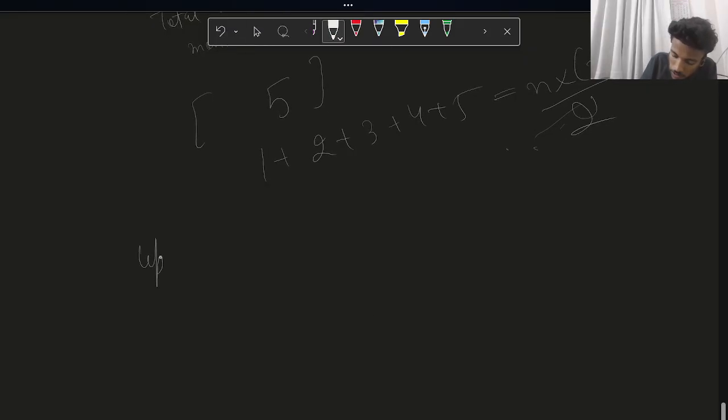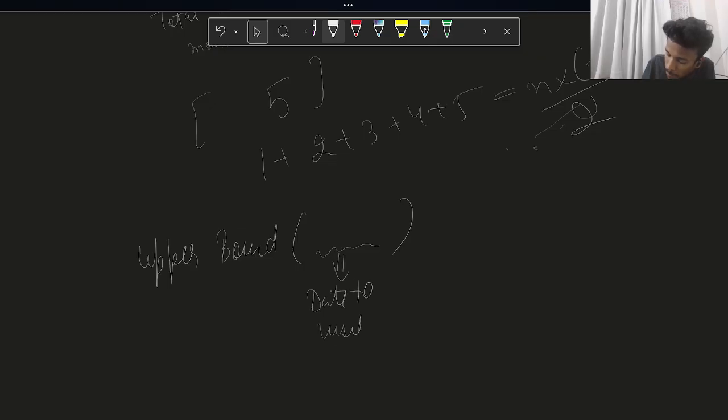We calculate the upper bound of the value. What value? The value like on what date we should visit, the date to visit. And what does this give? This gives us the month on which we should visit.